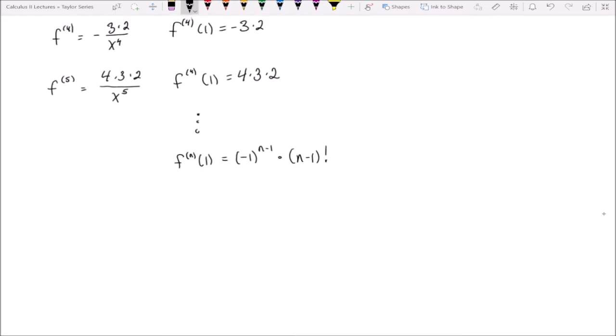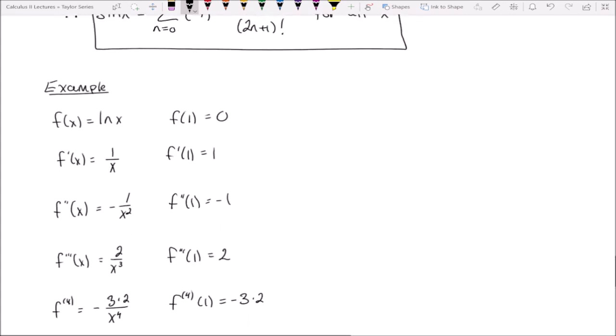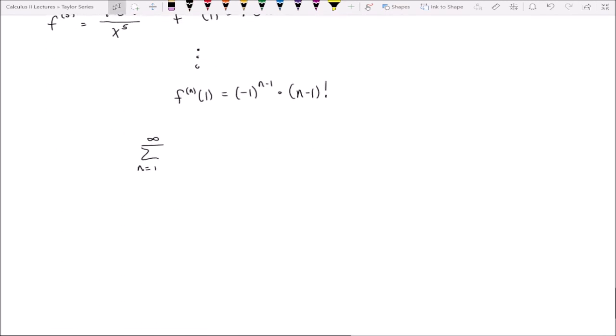So, series n equals 1 to infinity. Now, the reason we're not starting at 0 is because the 0th term is 0. We get negative 1 to the n minus 1 times n minus 1 factorial, all over n factorial, times the quantity of x minus 1 to the n.